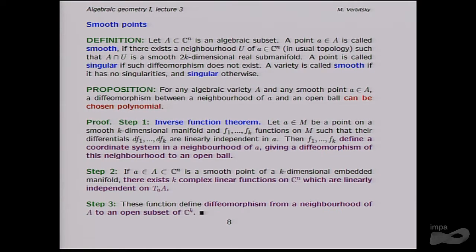So the idea is that the property of being a manifold is called smoothness, and smoothness is actually an important property of a geometric object, like an algebraic set, and you can study it from an algebraic point of view.